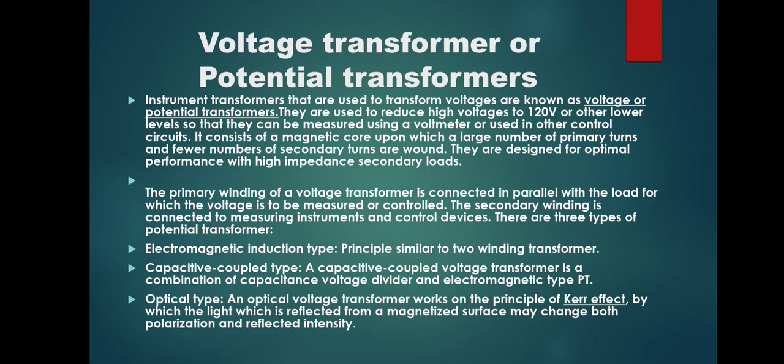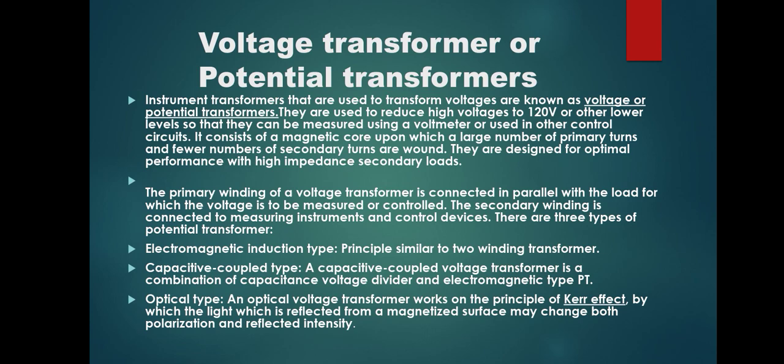Last one, voltage transformer or potential transformer, short form VT or PT. Instrument transformers that are used to transform voltage are known as voltage or potential transformers. They are used to reduce high voltages to 120 volts or other low levels that can be measured using a voltmeter or used in other control circuits.